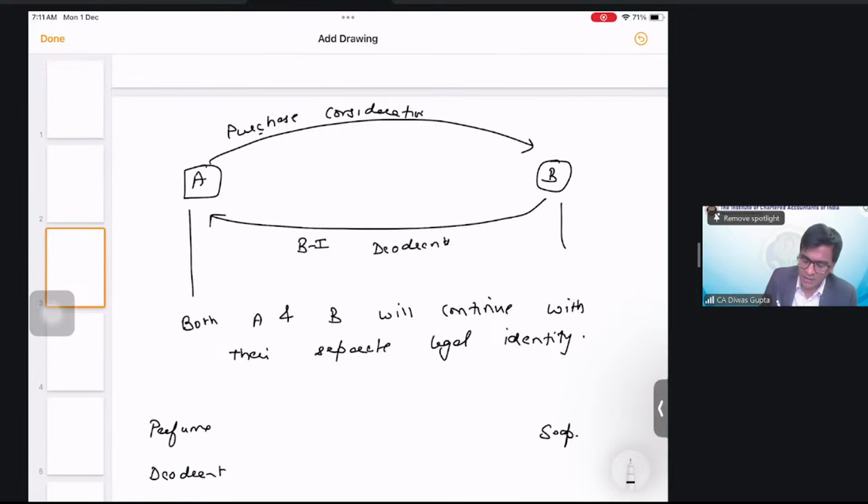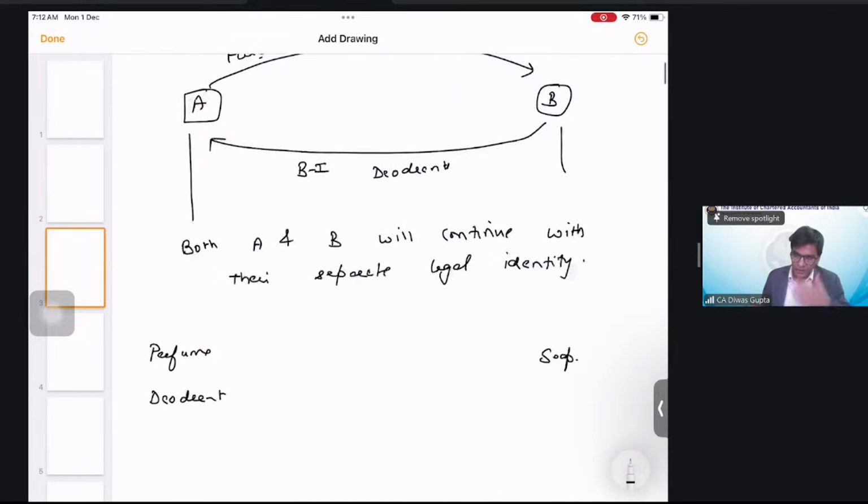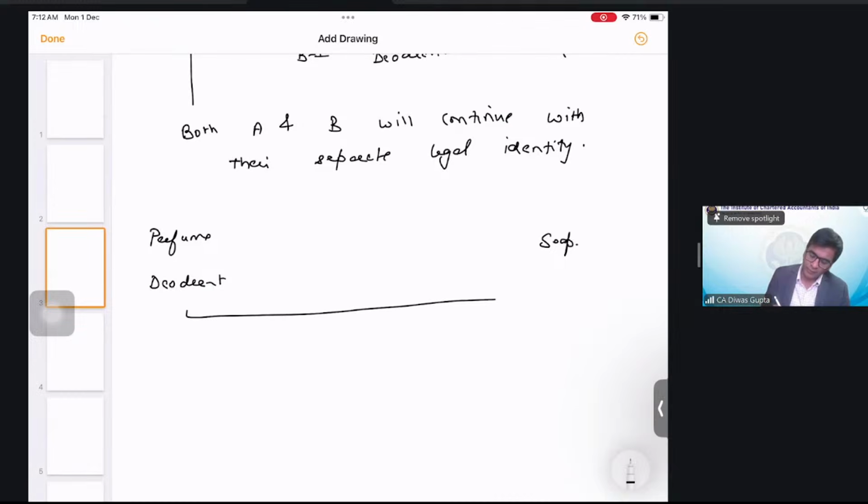So this purchase consideration terminology is used to denote that for purchasing a business, you will end up paying some consideration, right? So this situation is called as the business transfer arrangements, right?